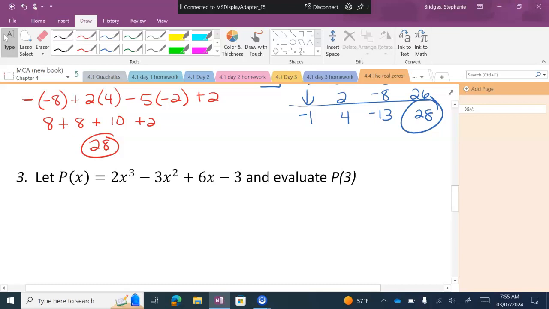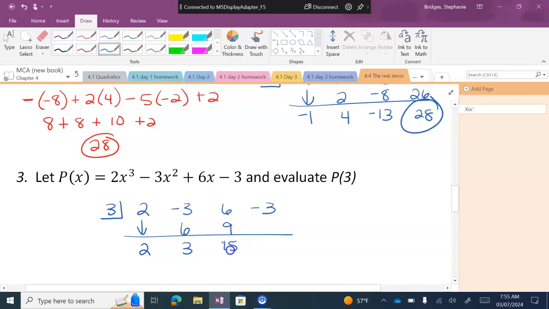All right, I'm going to do synthetic division this time just because I think it's easier that way. The 3 goes in my box. The coefficient of my x to the third is 2. X squared is -3. X is 6. And my constant is -3. First term comes down. We multiply. We add. We multiply. We add.